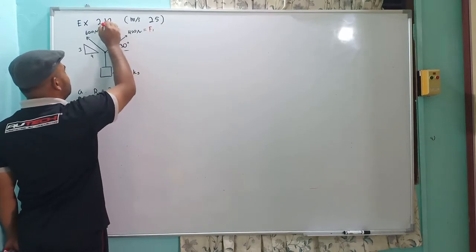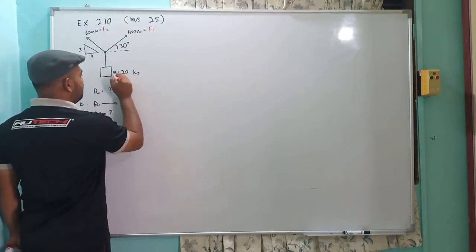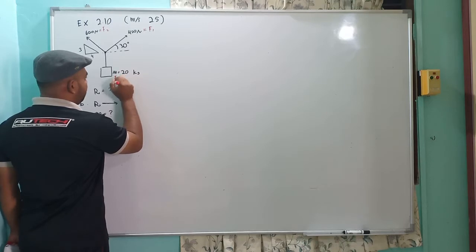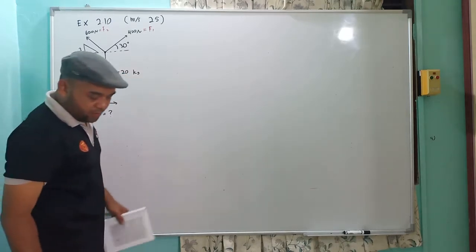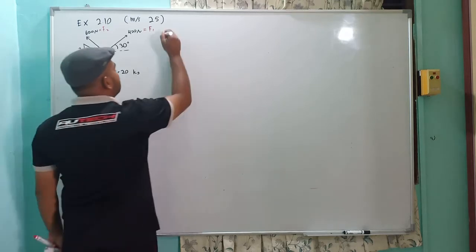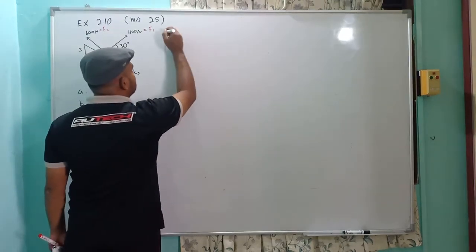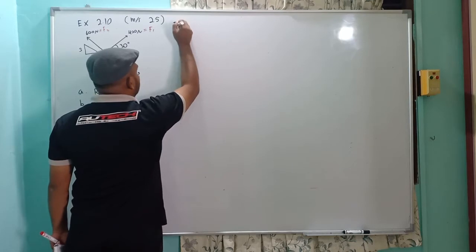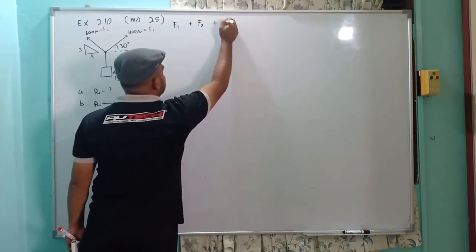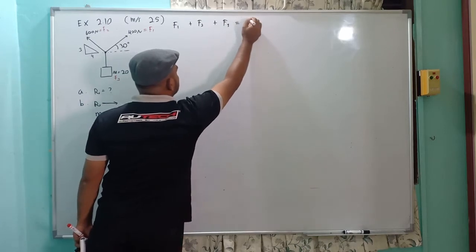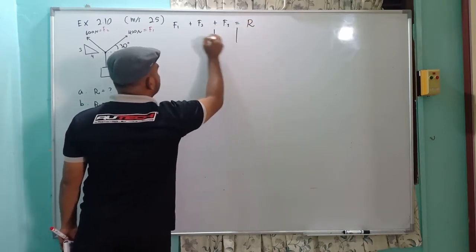This is F2, and this is F3. Okay, so put it in the equation: F1 plus F2 plus F3 equal to R.